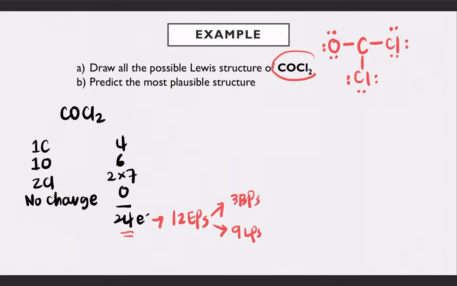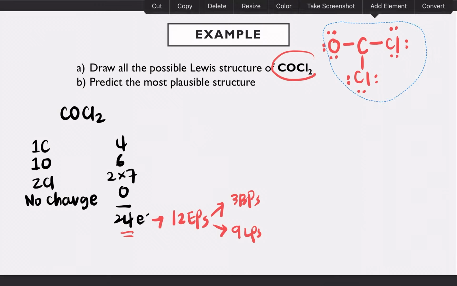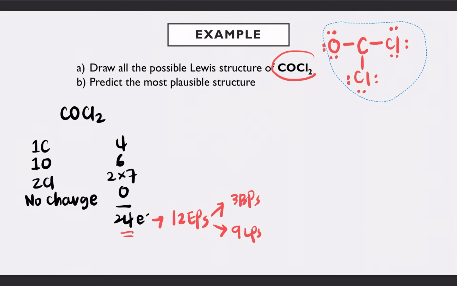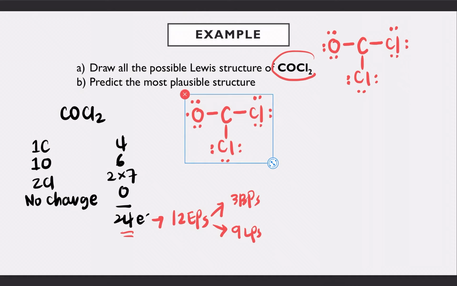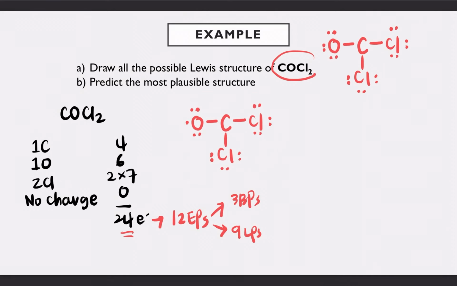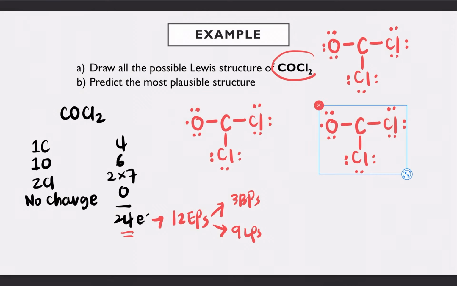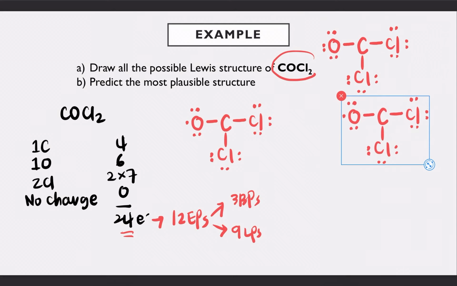Let me just copy this. Alright. So, we can use the lone pair on chlorine to convert it into a bonding pair. So, this is one structure.